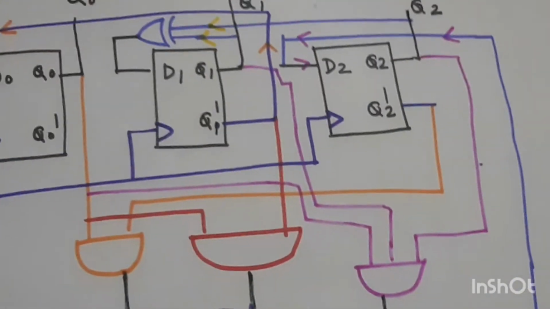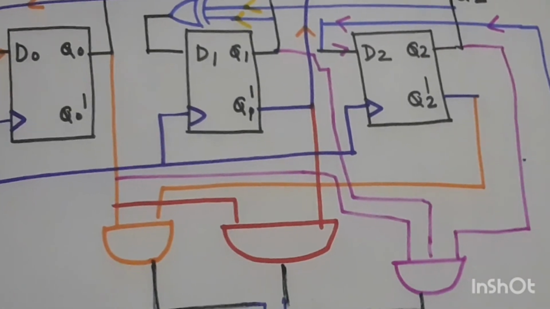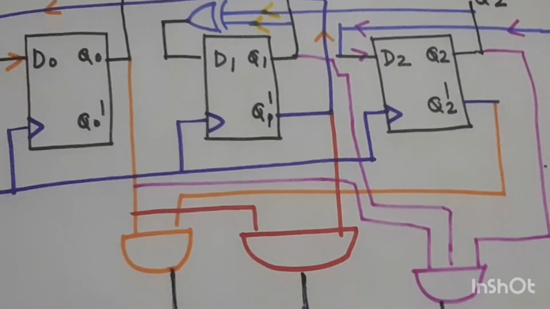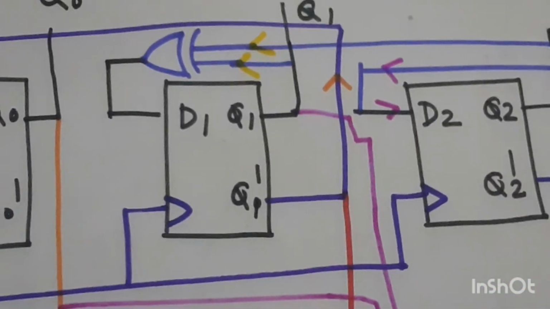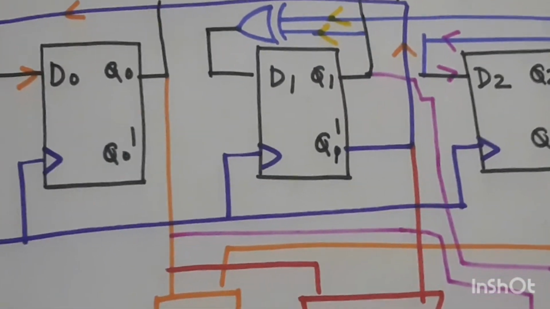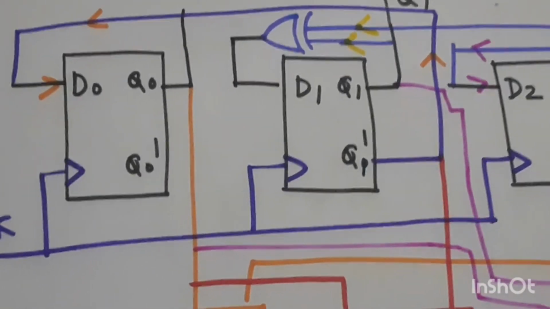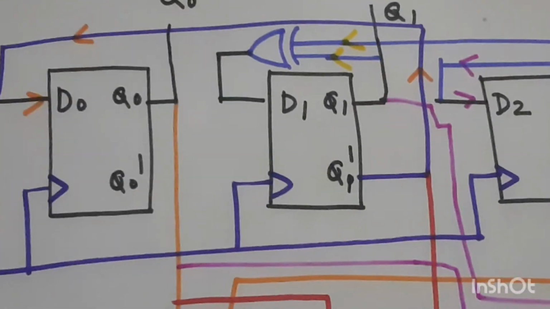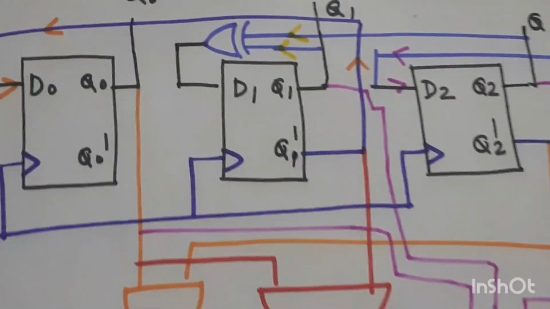D1, you can see it is the exclusive OR of Q1 and Q2. Can you see that with yellow color arrows I have shown? D0 is Q1 bar going to D0. I have shown with orange color arrows. And Q0, Q1, Q2 are finally the output of the circuit.